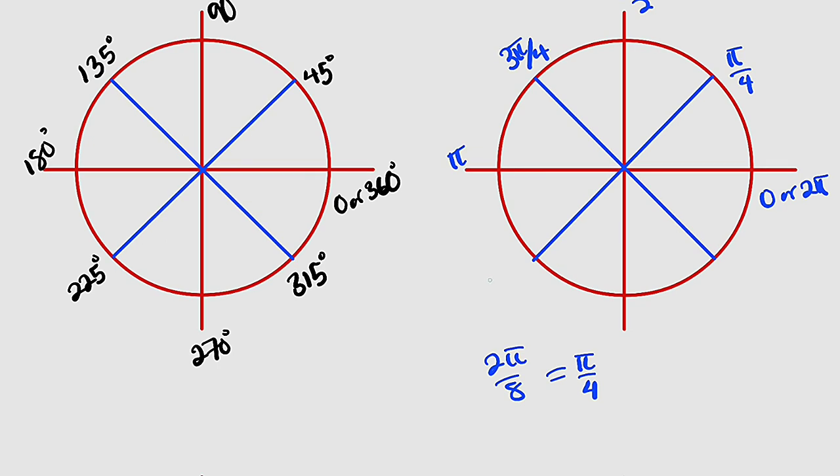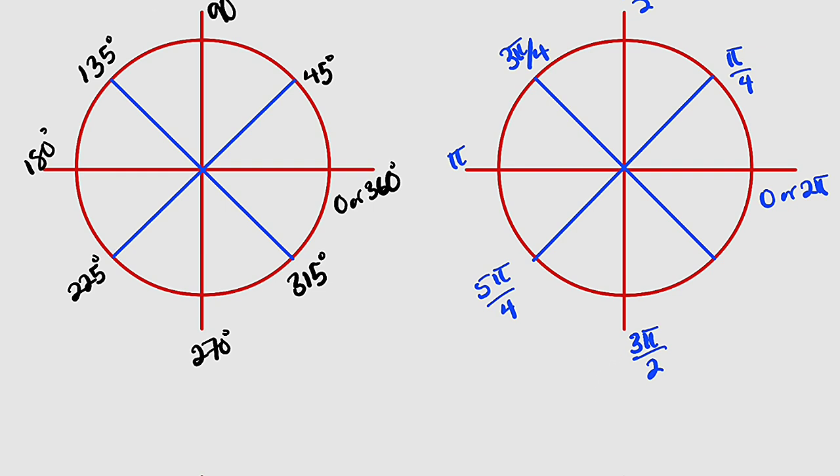This will give us 5 pi over 4. This will give us 6 pi over 4. But remember, we can reduce this to the lowest term. 2 can go into 6 exactly 3 times, so this is 3 pi. 2 can divide 4 exactly 2 times, so this is 3 pi over 2 instead of 6 pi over 4.